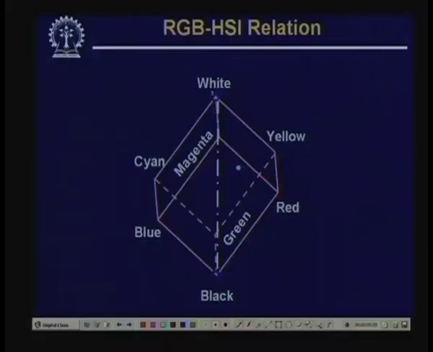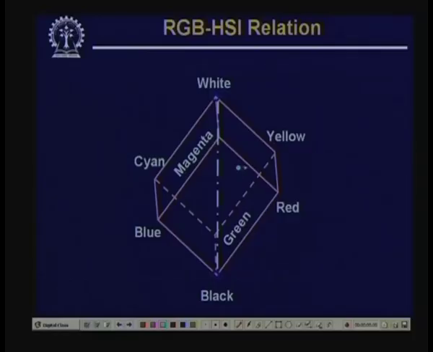As we said, the line joining black and white is the intensity axis. In the HSI space, I can very easily compute the intensity component. Say this is a point x.